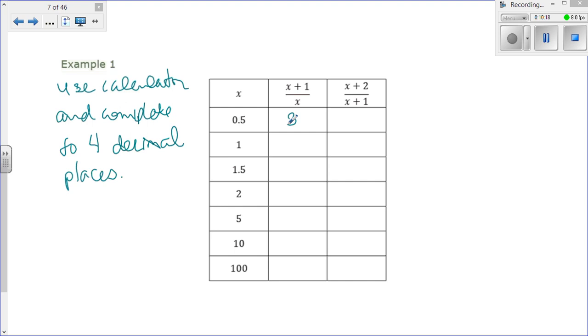If I substitute 0.5 into my other fraction, I get 1.6667.